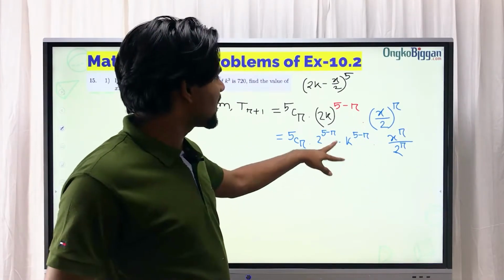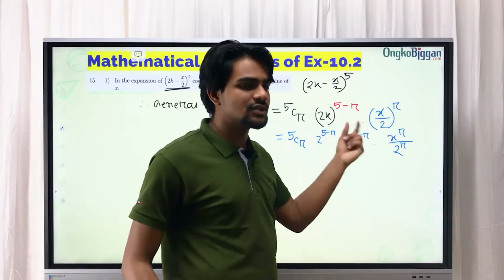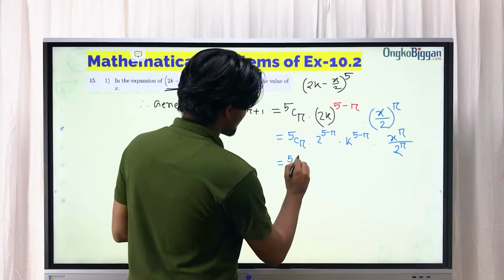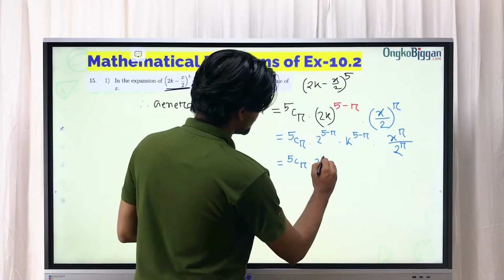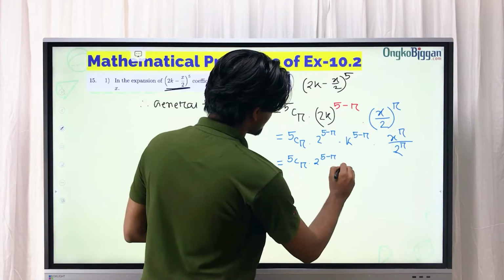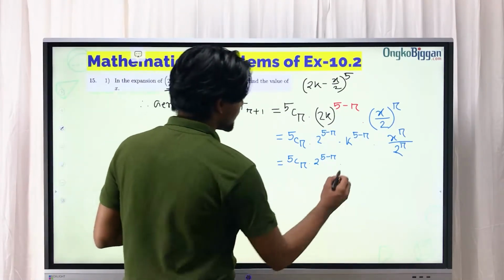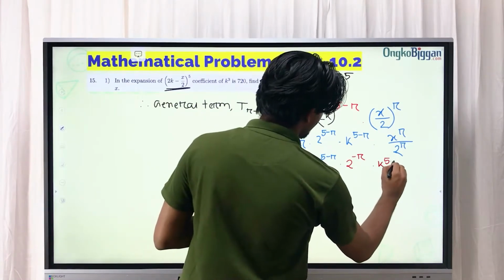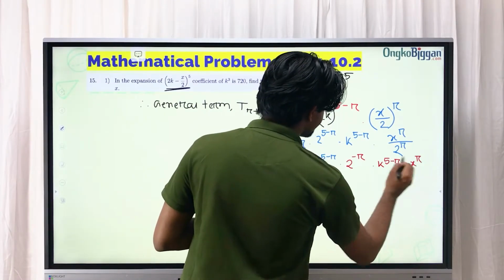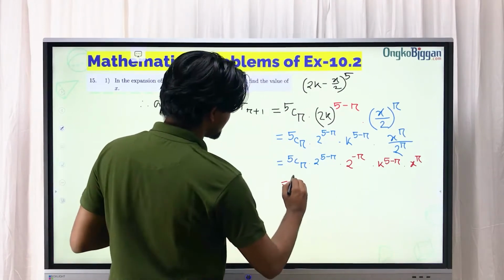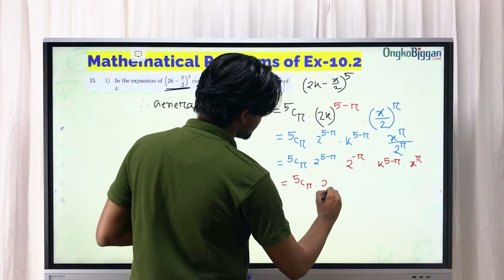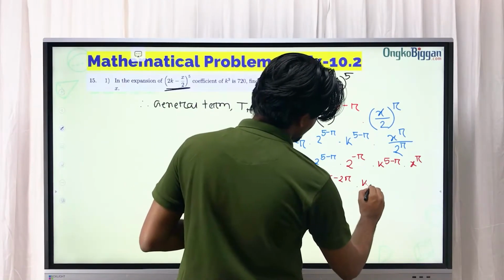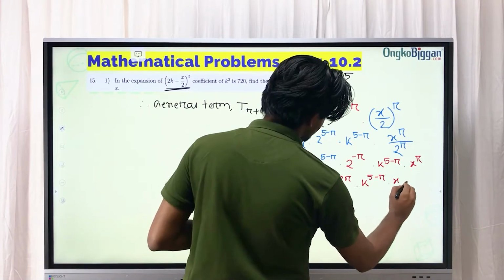These are multiplied, so we can directly add their powers. So it becomes 5C r dot 2 to the power of 5 minus 2r dot k to the power of 5 minus r dot x to the power r.